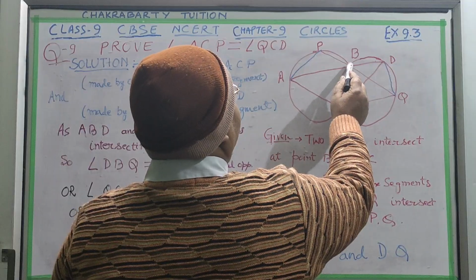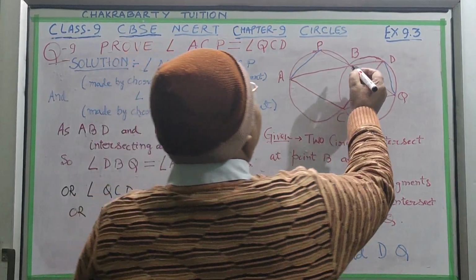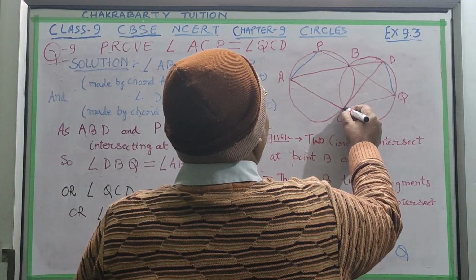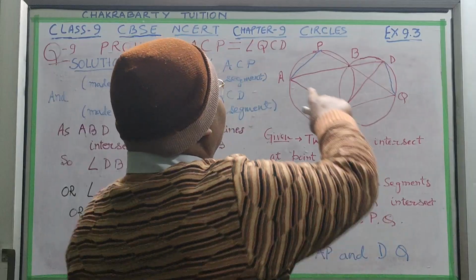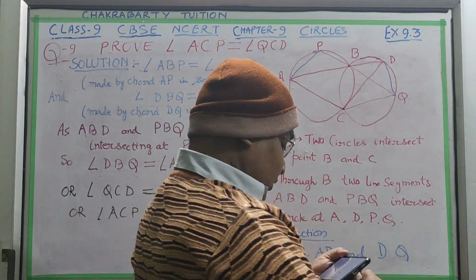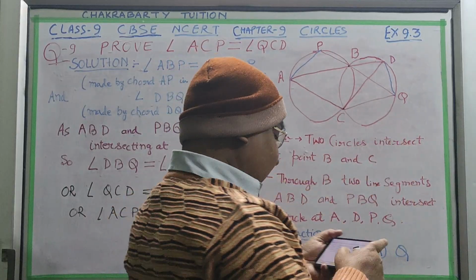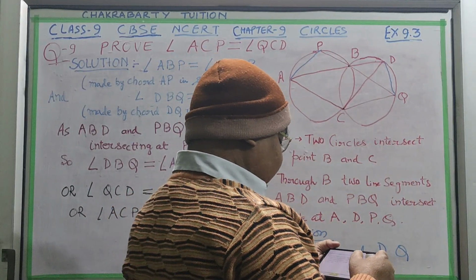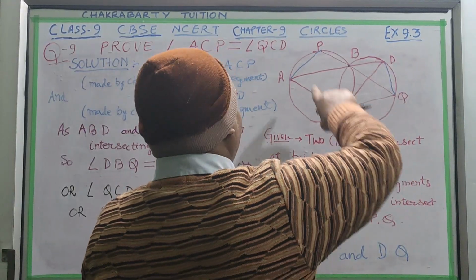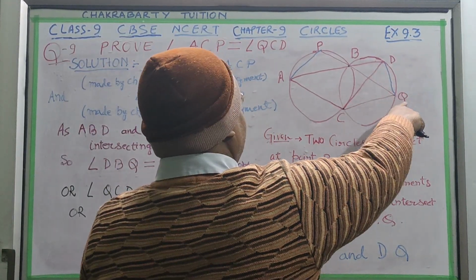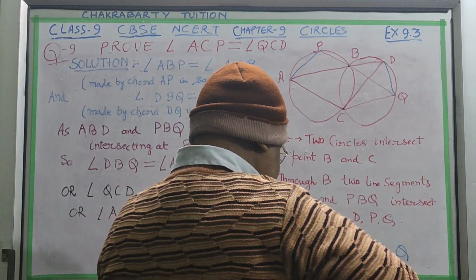They are intersecting at point B and point C. Through this B, two line segments ABD and PBQ are drawn to intersect the circle at points A, D, P and Q. It is cutting the circle. Okay.